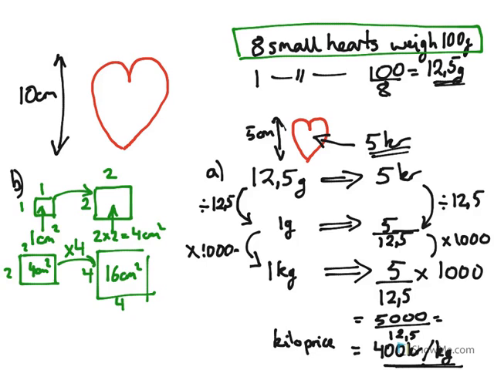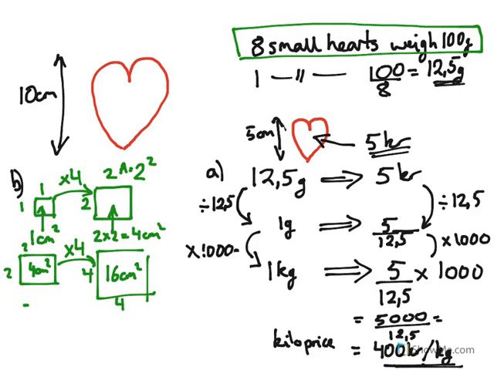So the area is always times 4. The reason that it's times 4 is that we have doubled one side and another. So we end up with 2 squared. So the area that we are going to have for our hearts is going to be 4 times the area.